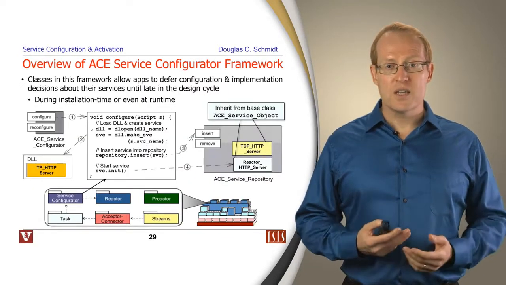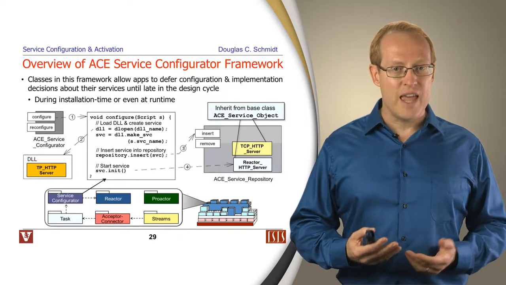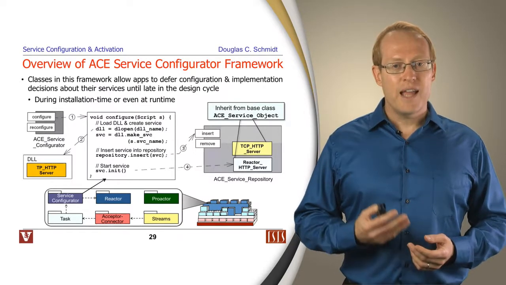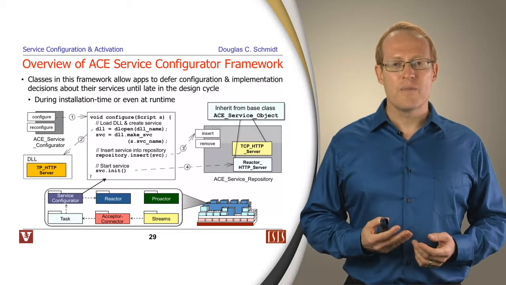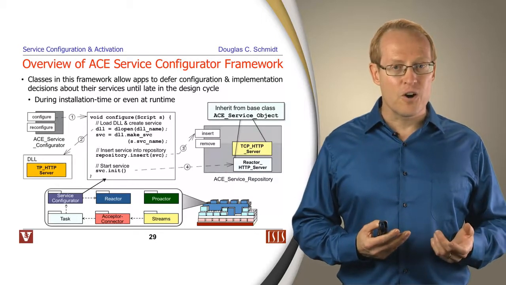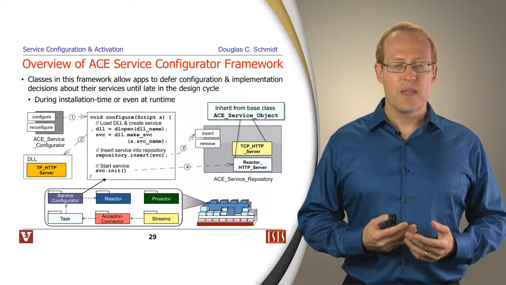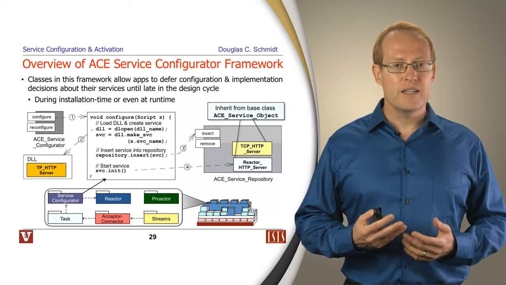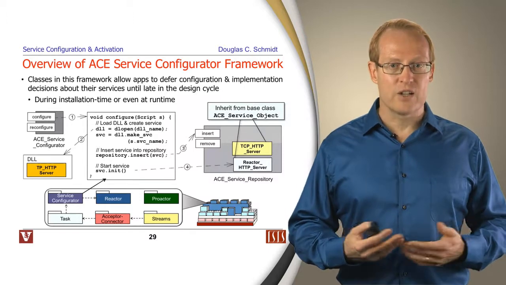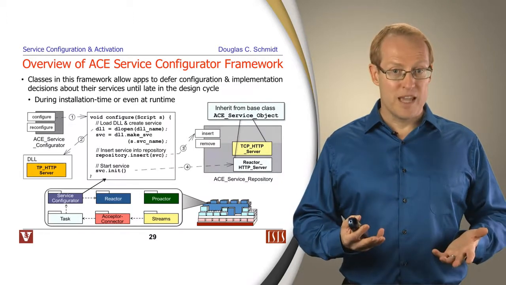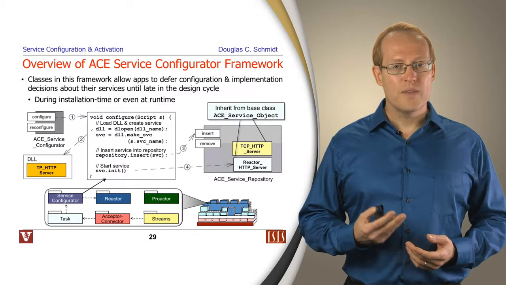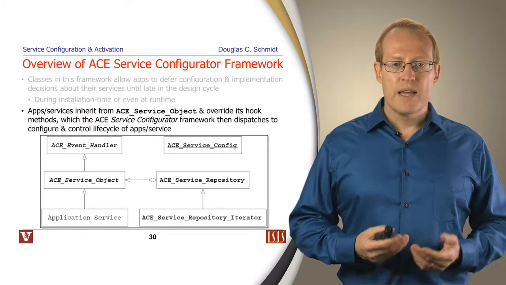So to avoid this, we have developed a framework called the ACE Service Configurator framework. The classes in this framework allow applications to defer certain configuration and implementation decisions about the services that they provide until late in their life cycle, late in their design, namely at installation time or even during runtime.